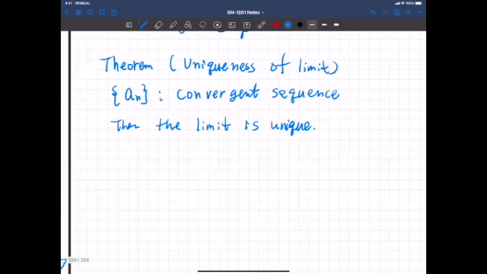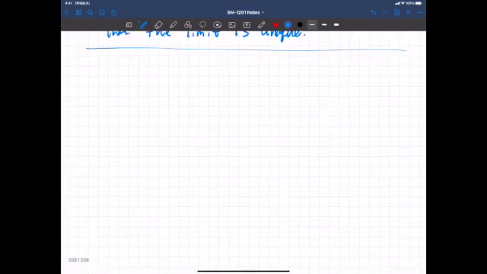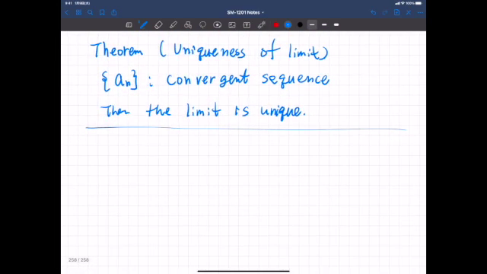So this means there are no two limits. If there exists a limit, then that is unique. So let's prove this. I mean, this sounds very trivial, but anyway, let's prove this.